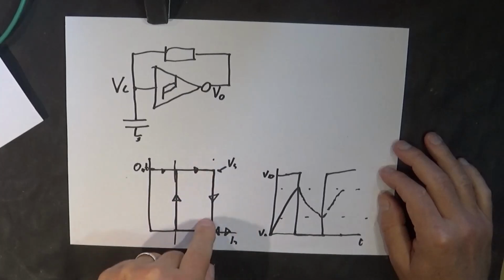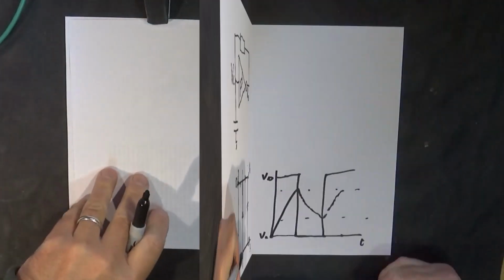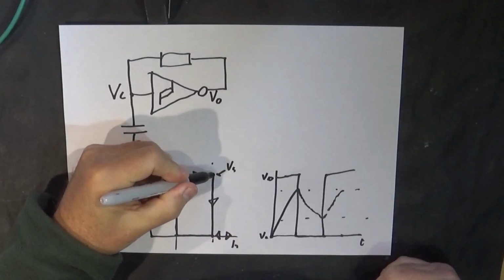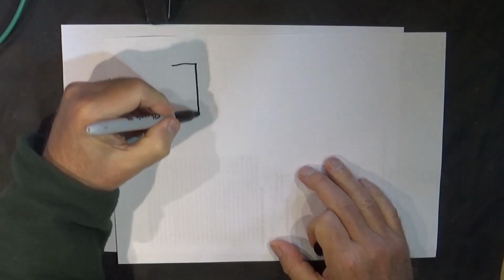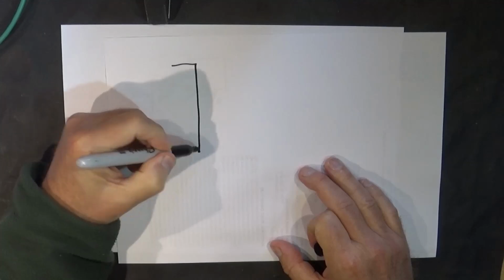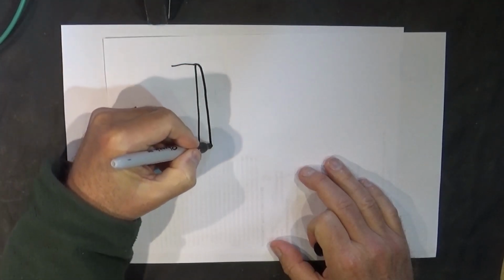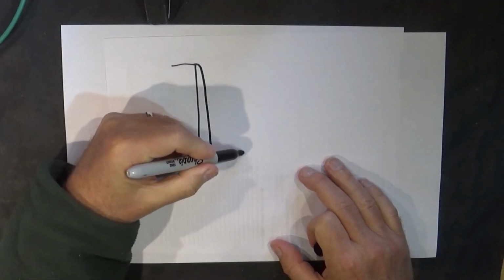So instead of this, should we try and make it so that if the voltage is going up, when it gets to the trigger point, instead of going straight down, it goes down in a curve, in a controlled manner.